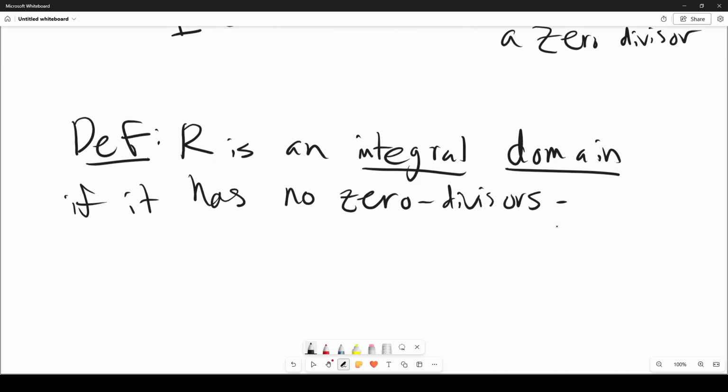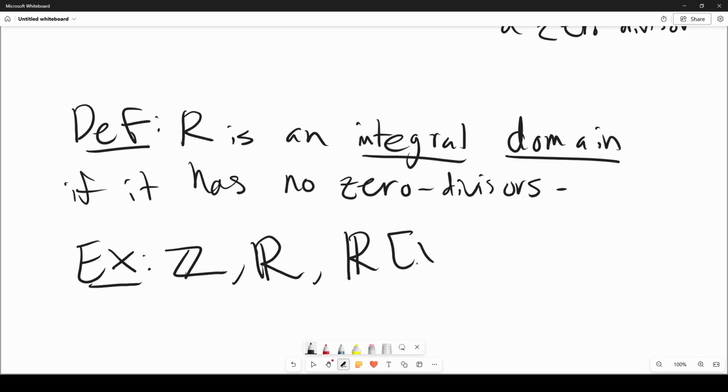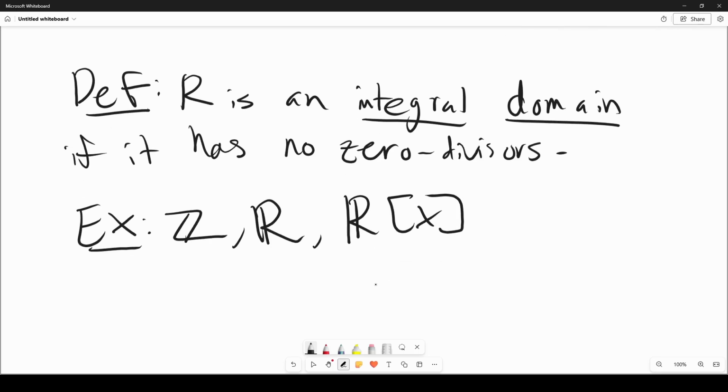Okay, great. Some examples of integral domains are, like we said, the integers, the real numbers, real polynomials. If you multiply any two polynomials, they're definitely not going to be 0 unless either polynomial is 0. So integral domains are super common, and they're really nice to work with.